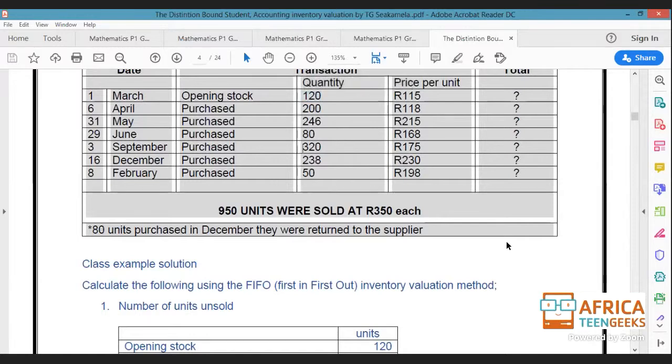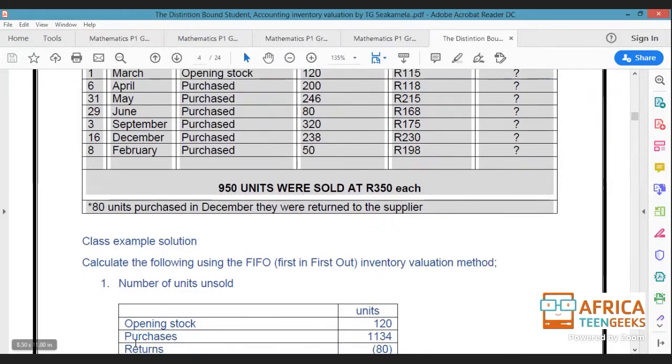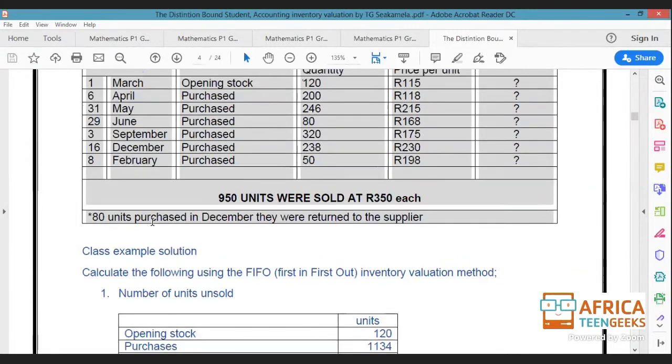Then now we are moving to the purchases. You purchased how many units? So you had 200 plus 246 plus 80 plus 320 plus 238 plus 50. So for the whole entire year, you purchased 1,134 units.